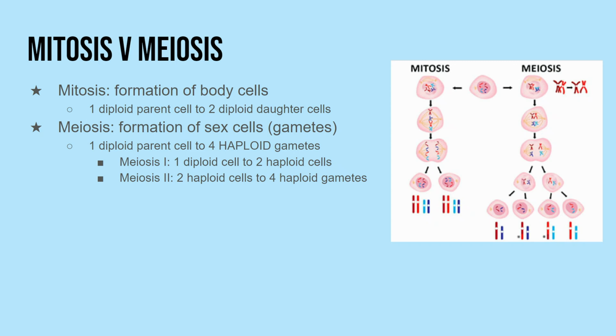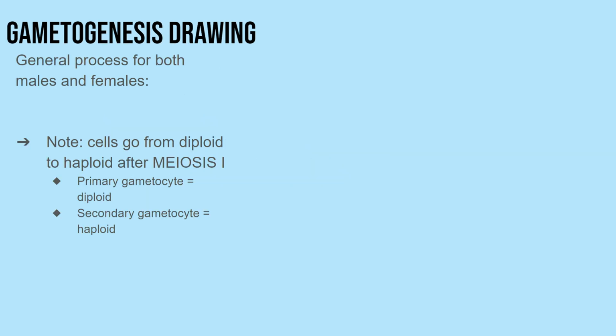And we're going to talk about gametogenesis now. We'll talk about the general process first. So I'm going to draw the general process for both males and females, and then I'm going to draw spermatogenesis in males. So bring these over here.